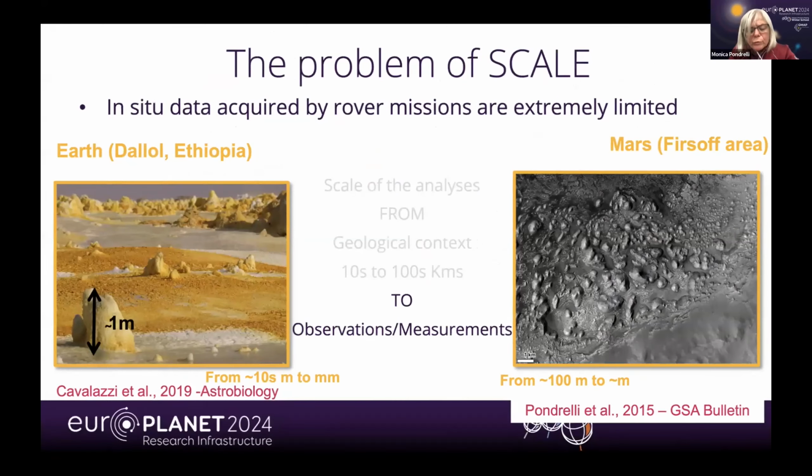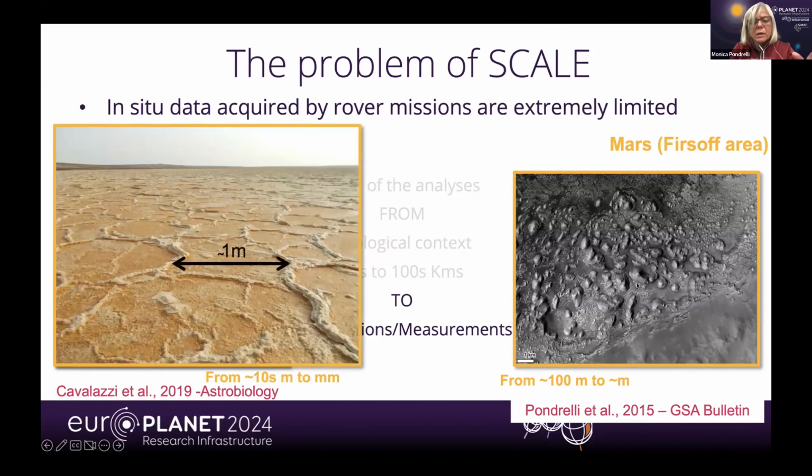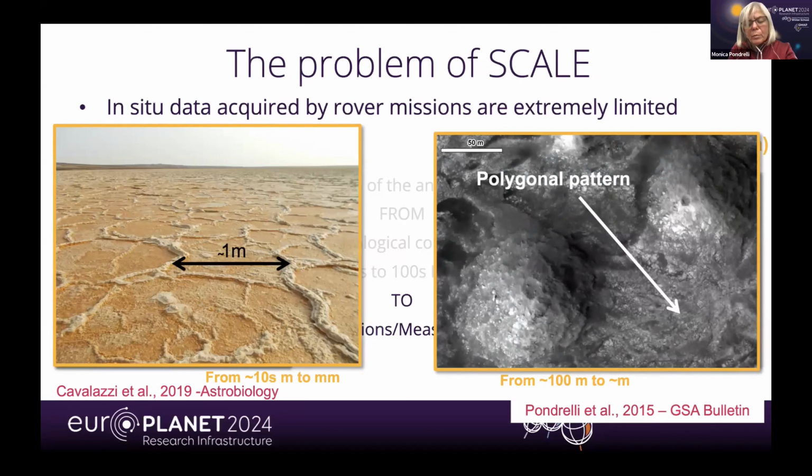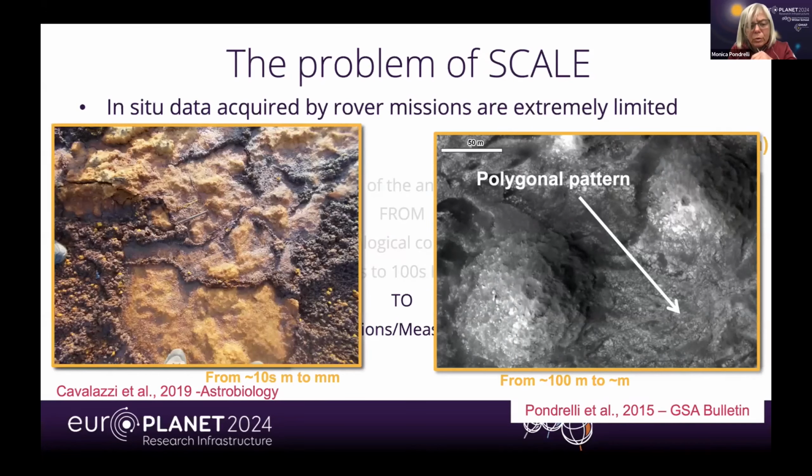But if we move to the second phase, the phase of the observation of the measurements, here we are in Dallol in Ethiopia, we observe some mounds. This is Mars, mounds that are more or less similar. We have this polygonal pattern, more or less the scale is similar, but then on Earth we can move even without a microscope. We can move just with a sample by hand.